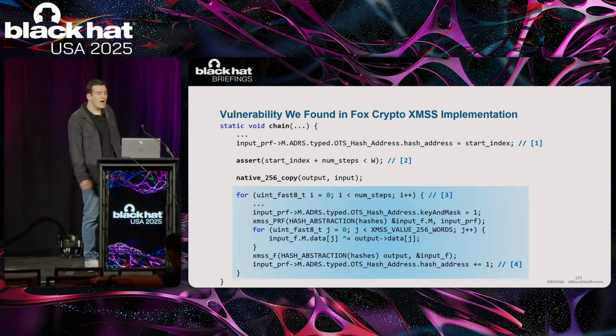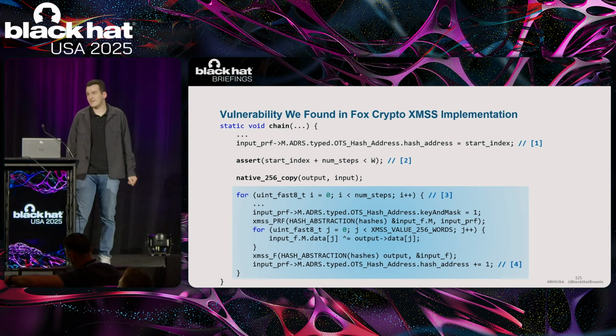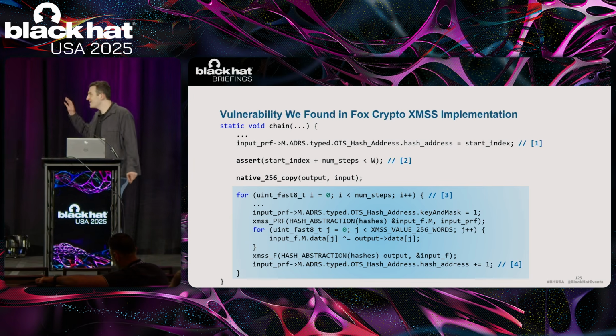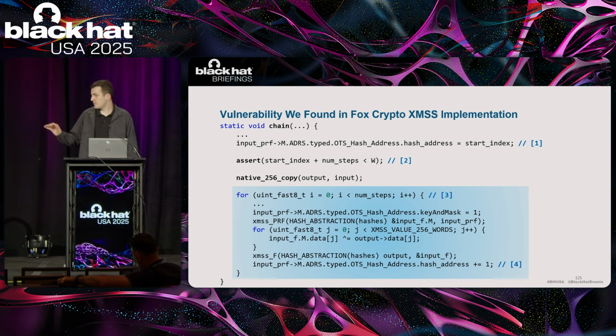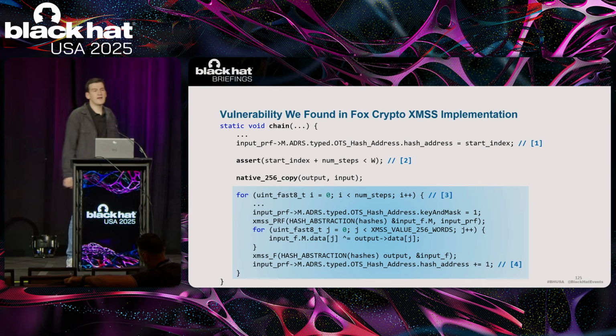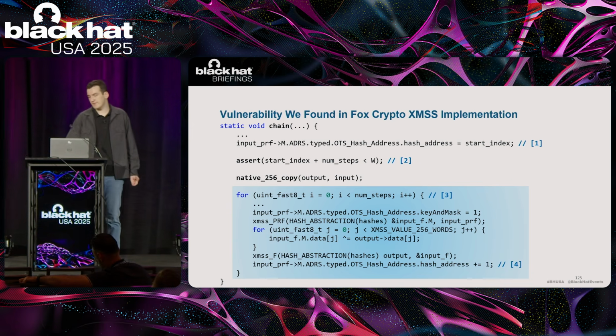However, if you can skip this for loop completely with fault injection, it will never affect any check in the later part of the code, and it will accept the forged signature with a full hash chain skip.